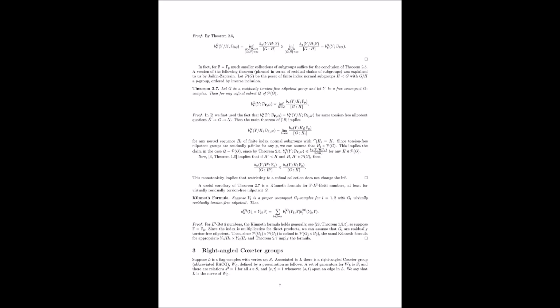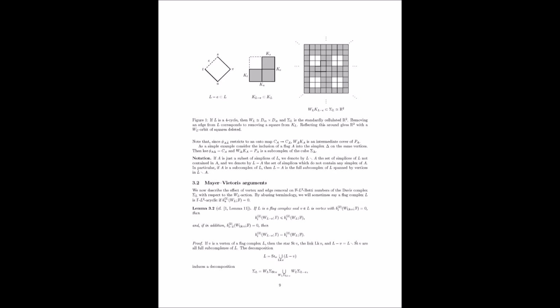So where does this L2 homology fit into all of this? Well, that's where we start digging deeper into the structure of those Davis complexes. Homology, at its simplest, is like counting the number of holes in a space. A sphere, no holes, donut, one hole, a pretzel, a bunch of holes. L2 homology takes this idea way further. What if we could measure holes in infinite dimensions?